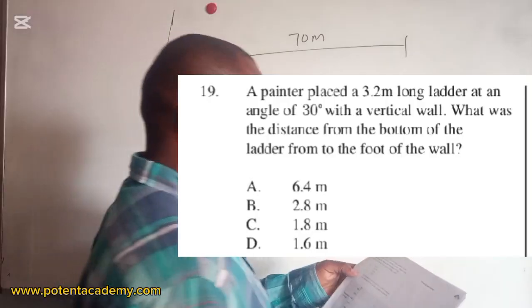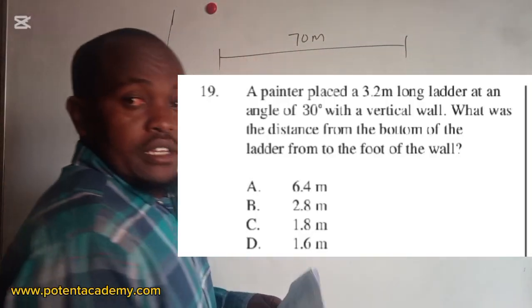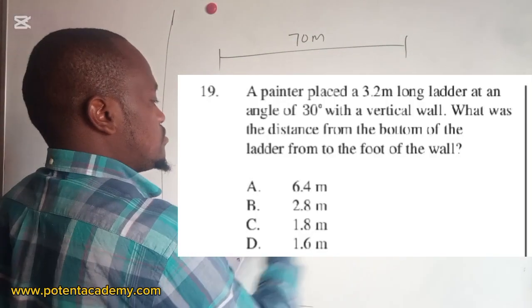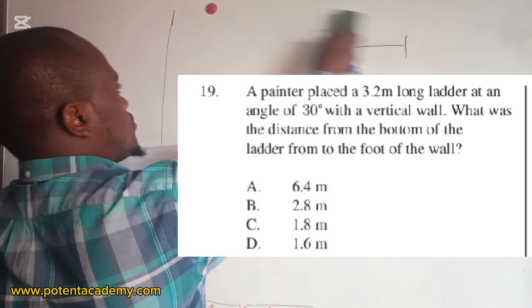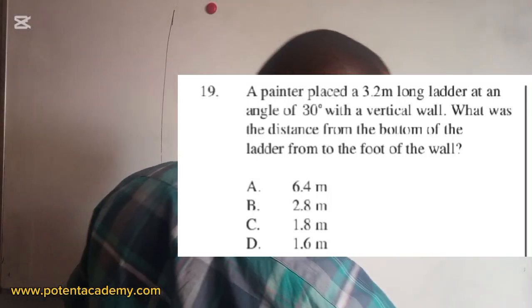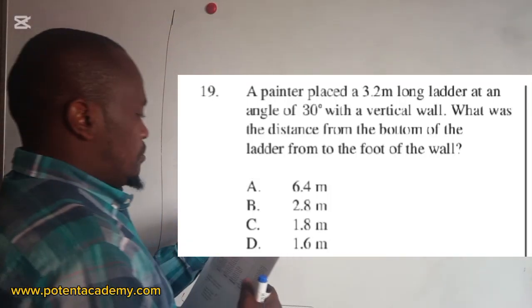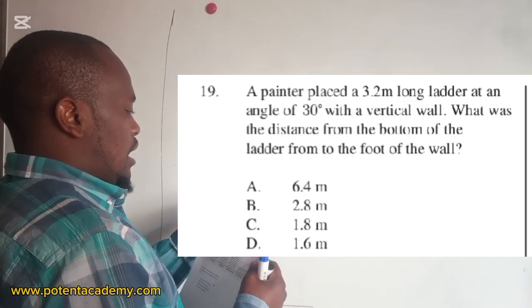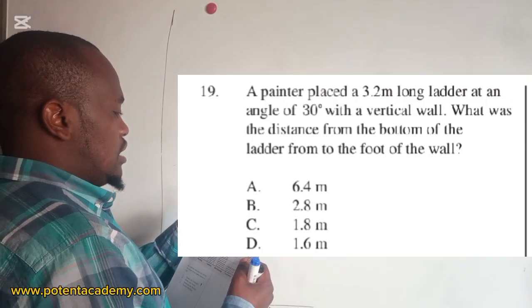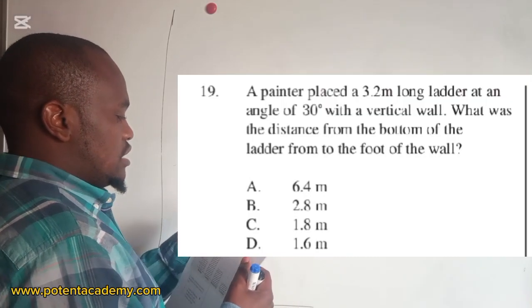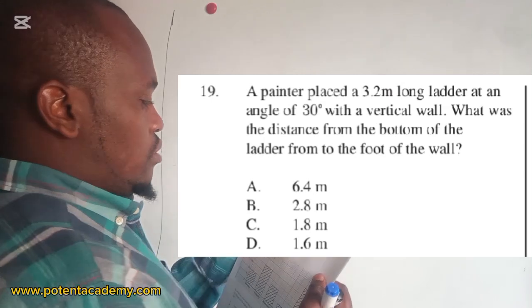Question 19. A painter placed a 3.2 meter long ladder at an angle of 30 degrees with a vertical wall.